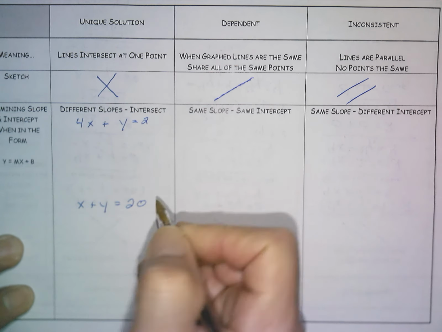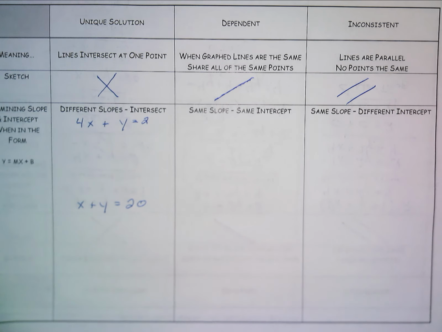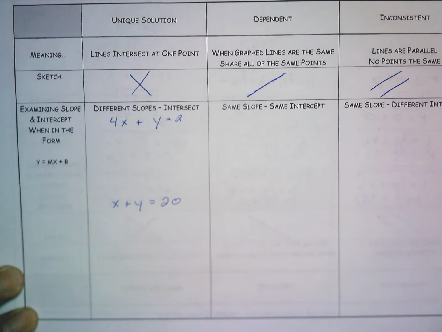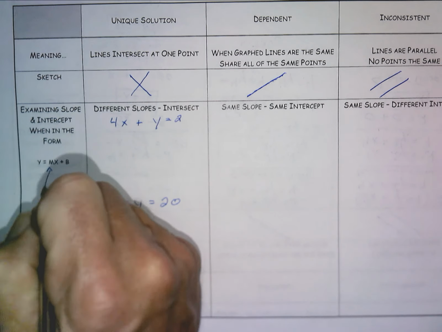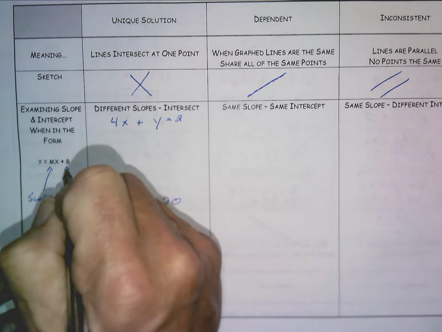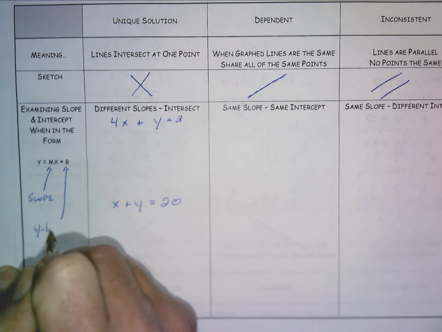The same system we had on the other side for this example. But if you remember, when we have equations that are in the y equals mx plus b form, m represents slope, b represents y-intercept.